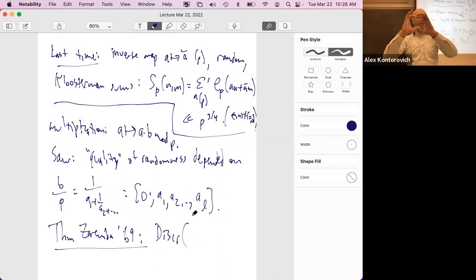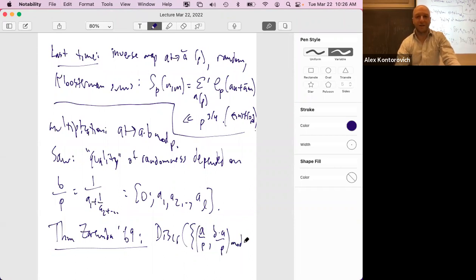we talked about discrepancy, take a rectangle, yeah, the worst rectangle. The discrepancy, as you run over the pairs (A over P, B times A over P) mod 1, as A ranges in Z mod P. So that's a set of P points.